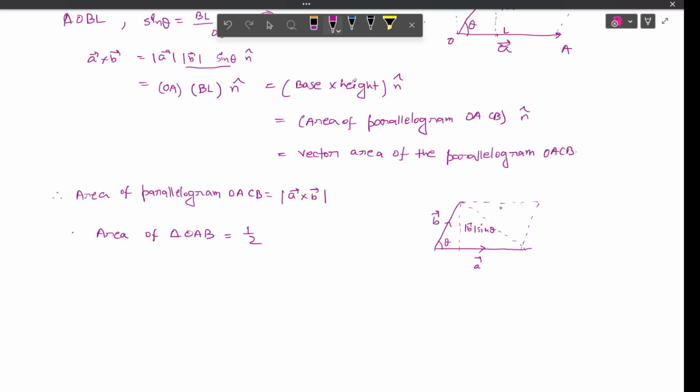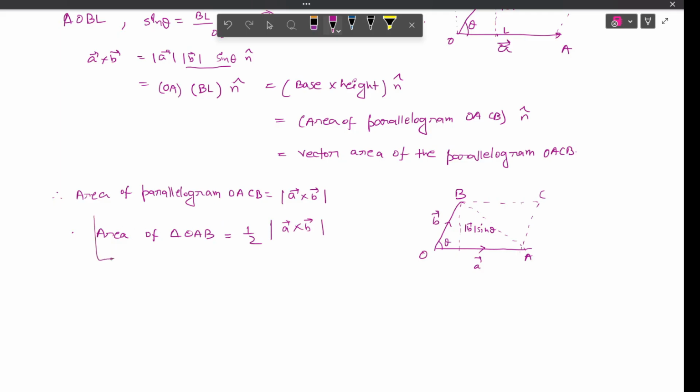Let us name this OACB. From this diagram we can see that the area of triangle OAB is half of the area of parallelogram OACB. So this should be half of mod A cross B.